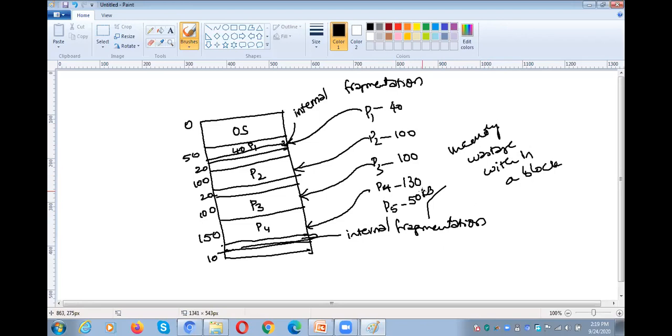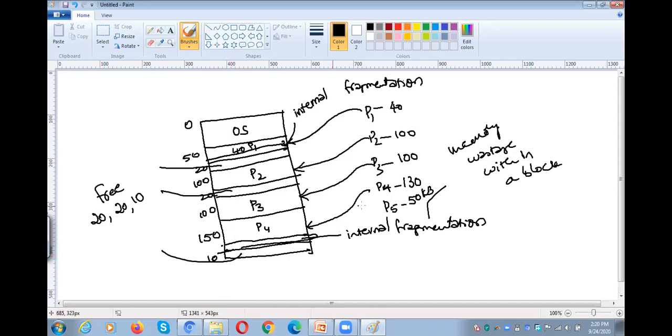So how many partitions are left over? Here we have 3 unused partitions. These 3 are the unused free partitions. One is of 20, another is of 20, and the third one is a 10. So these partitions are not utilized.